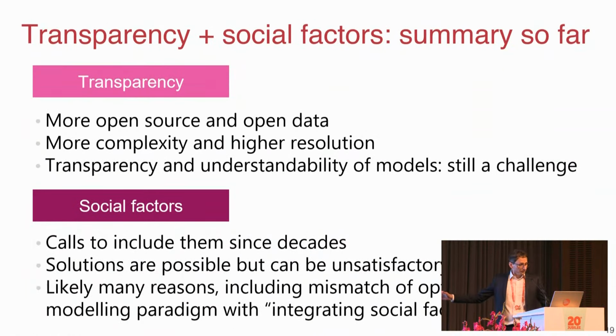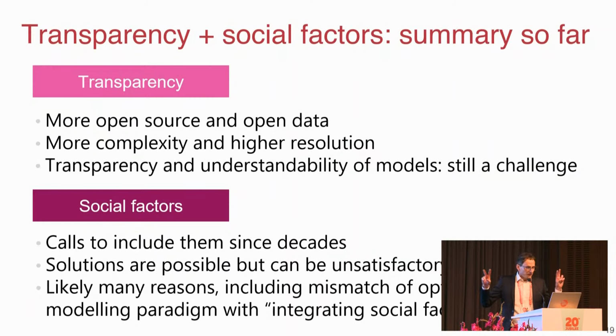So this is the summary so far. We talked about transparency and social factors. Transparency: more open source, more open data. Complexity and higher resolution also going up, and we're left with the thought that transparency and understandability are still a challenge. And on these social factors, we've seen that there have been calls to include them in models for decades.